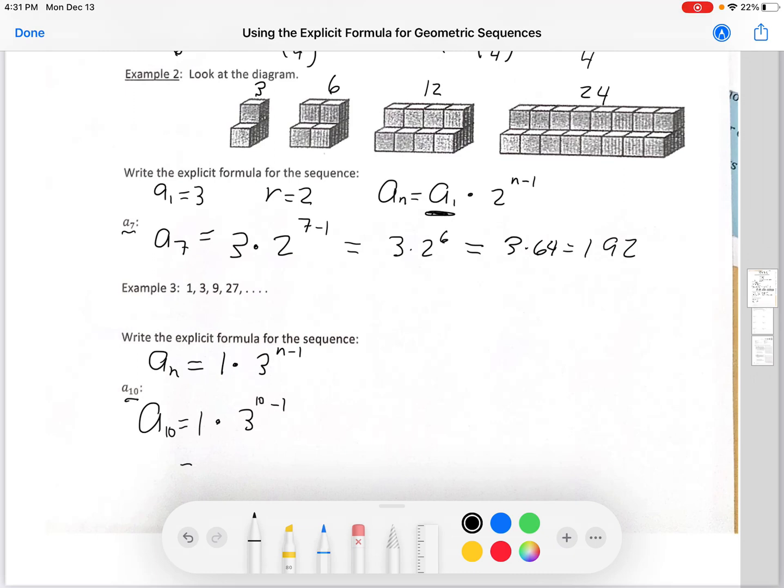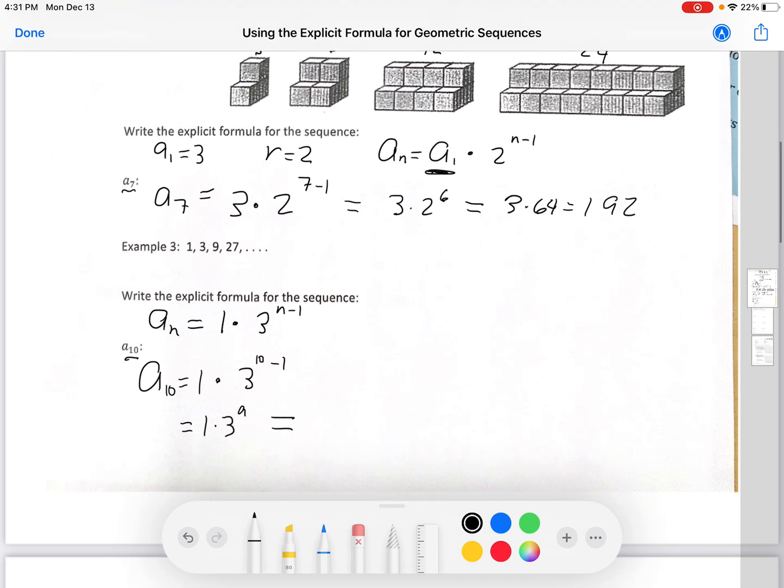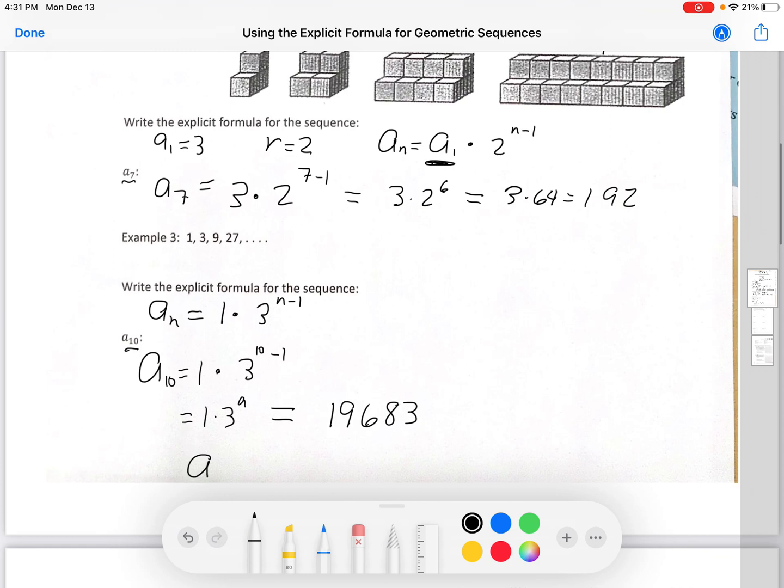So that'll be 1 times 3 to the 9th. Now, I don't have 3 to the 9th off the top of my brain, so once again, I have to enter that into a calculator. That will give us A10 is equal to 19,683. Now, I will not be shocked if you get really, really big numbers as well as fractions for this assignment. So that doesn't mean you're necessarily doing it wrong.